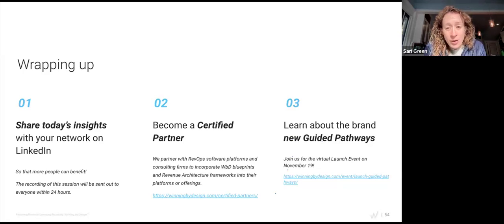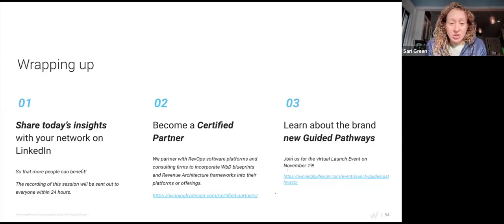And then third, we are releasing something brand new called Guided Pathways. I'm not going to get into that too much now, but I'll give you just a preview to say that it is a way that you can scalably take this framework and all of our other frameworks and content and bring it into your company in a scalable, efficient way, perhaps rather than working on a long extended project with a whole bunch of consulting services.